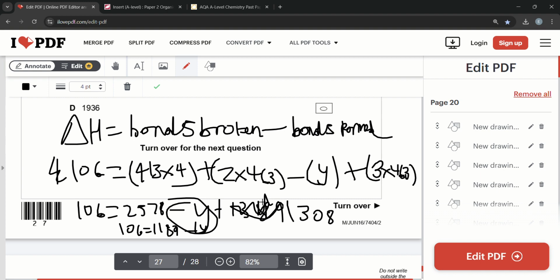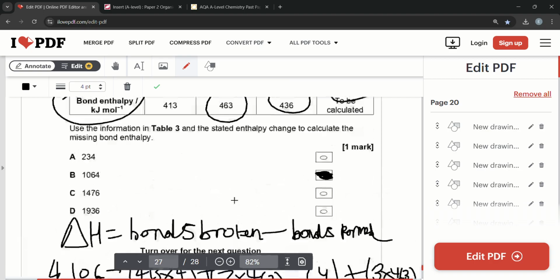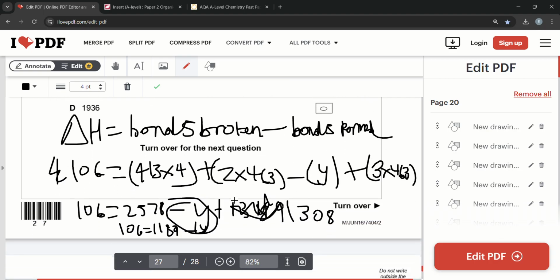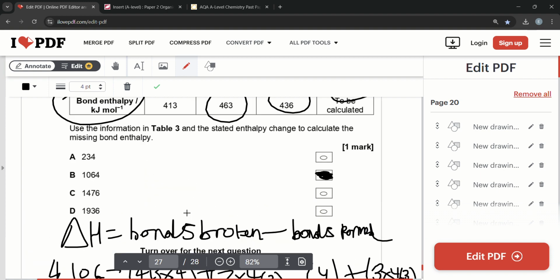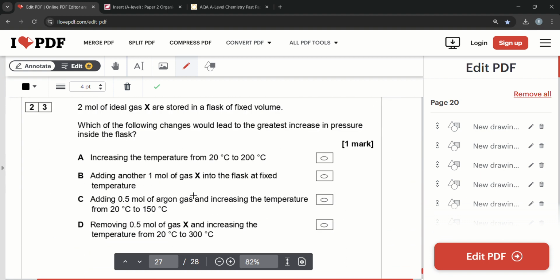We obviously got a minus y, so we add y. Therefore, y is equal to 1270 minus 106. Yeah, either way, we get 1064. I don't know why it's a bit complicated.